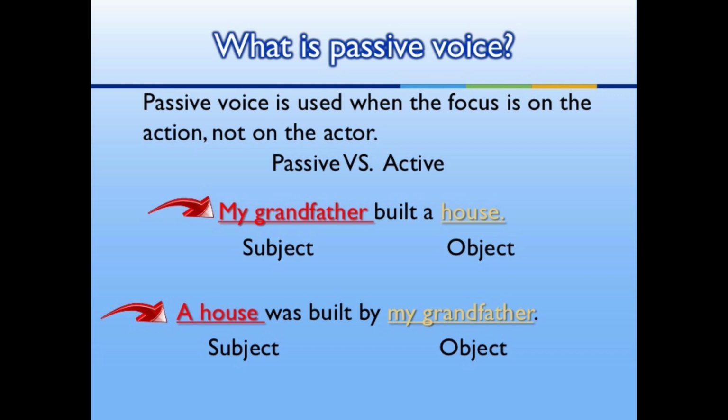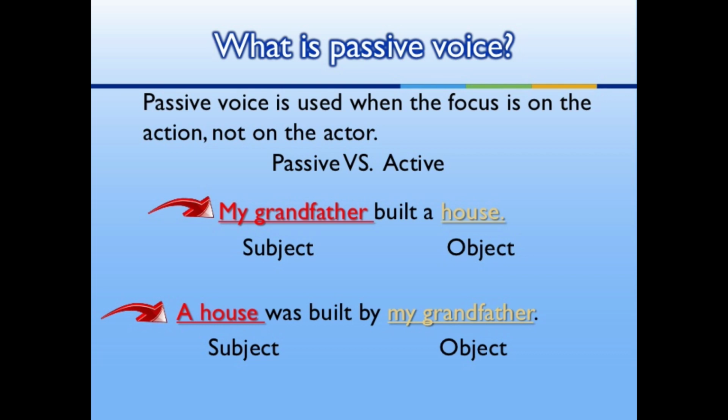Alright. So when there is no object, we cannot make a passive voice. My dear students, see, my grandfather built a house. Which is subject? My grandfather. Built is a verb. It is a transitive verb. Why is it a transitive verb, my dear students?